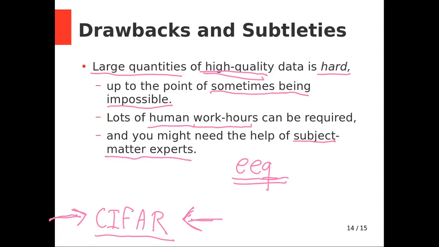So you might need lots of human work hours, you might need the help of expensive subject matter experts, and it just might not even be possible, right? It might not be practical to gather a large corpus of data at the quality that you need with correct labels. That might be difficult to the point of being a practical impossibility.